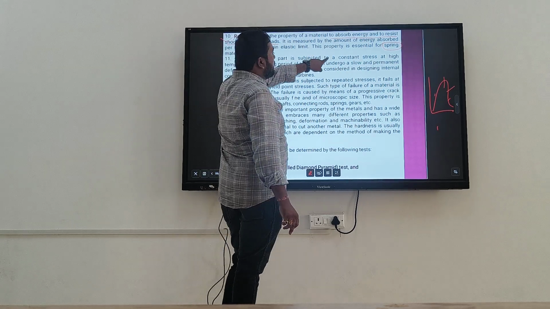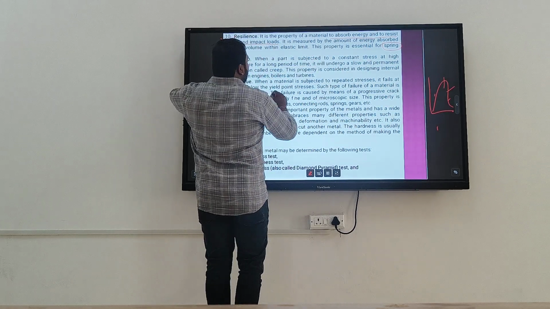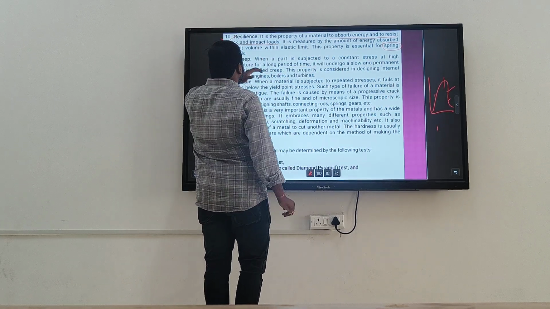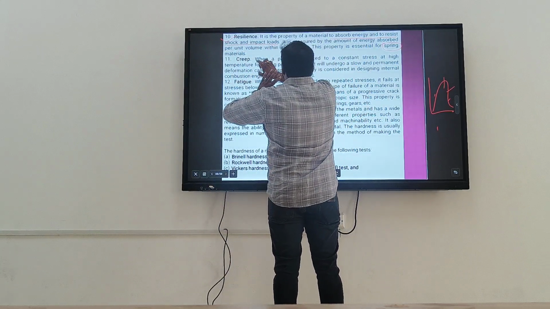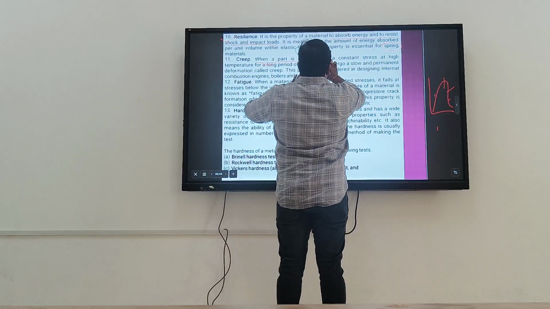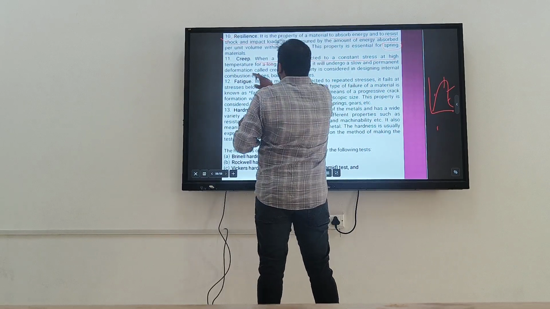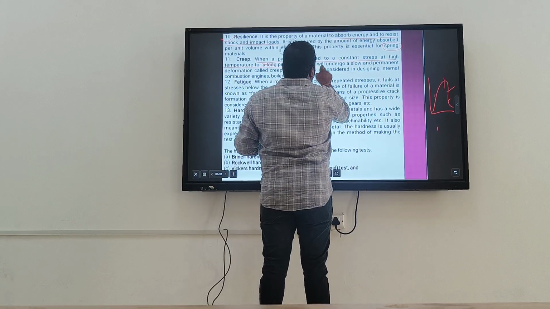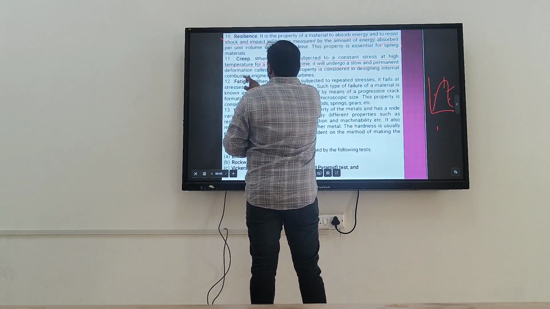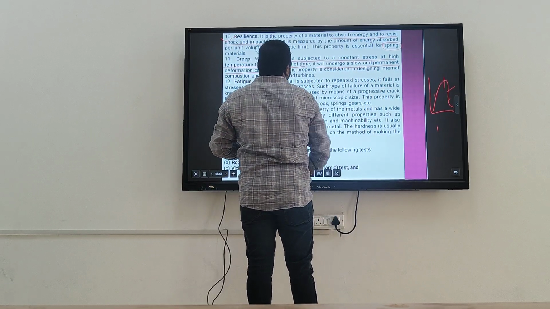Creep. When a part is subjected to constant stress at high temperature for a long time, it will undergo a slow and permanent deformation called creep.